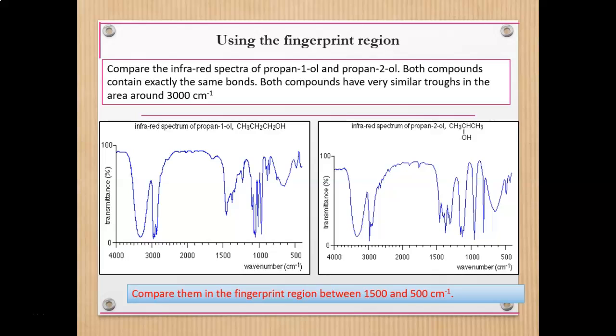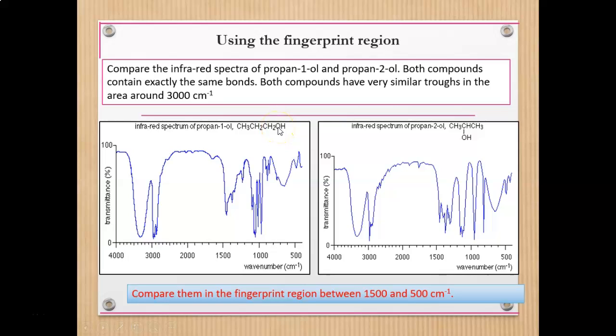Using the fingerprint region, now we want to compare the infrared spectra of propan-1-ol and propan-2-ol. Both contain the same functionalities, which are the OH group, and they also contain CH2, CH, and so on. Both compounds contain exactly the same bonds, and both have a very similar trough in the area around 3000, which is the OH group.